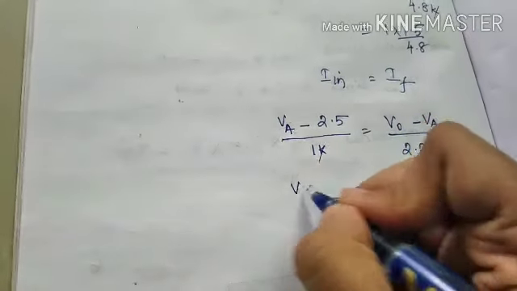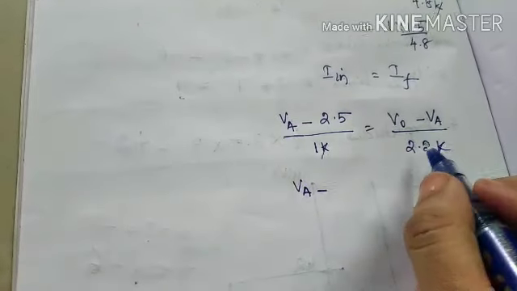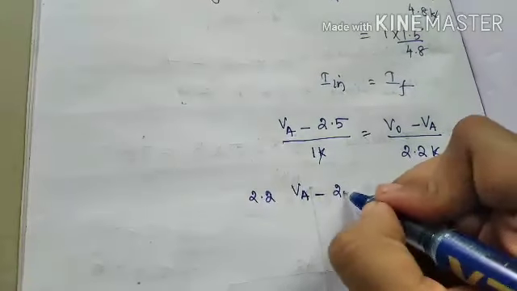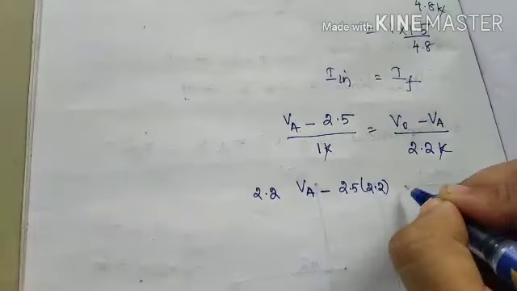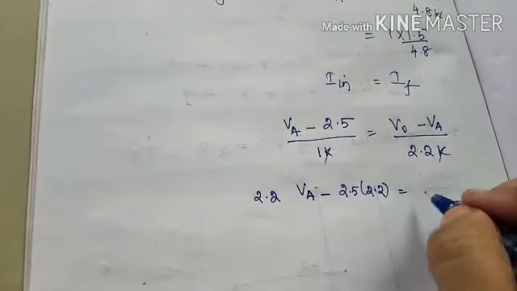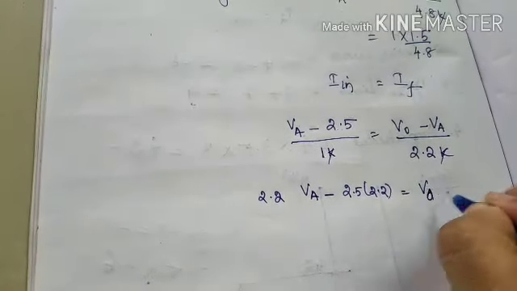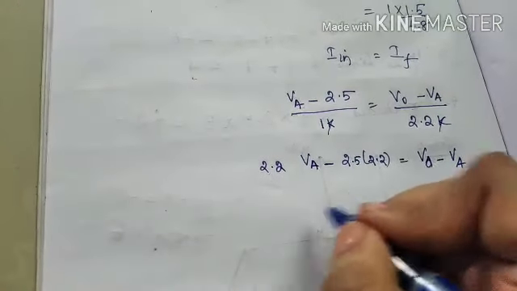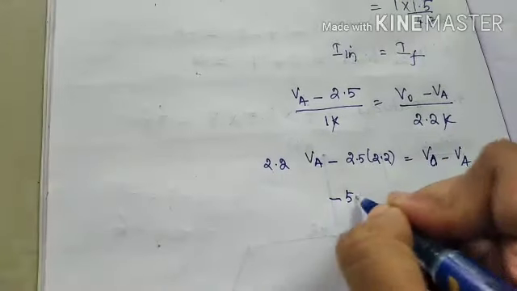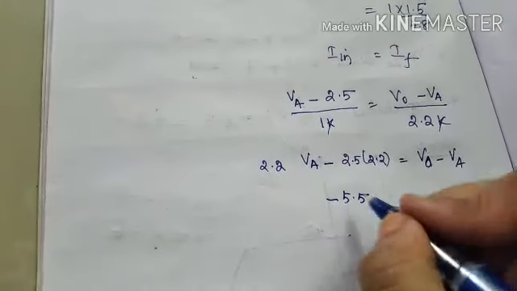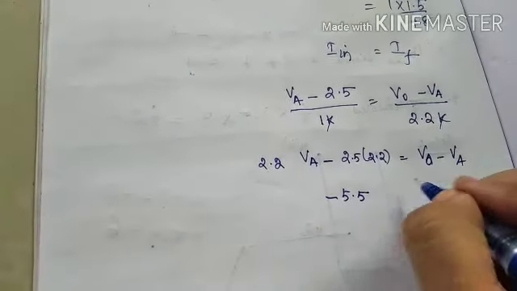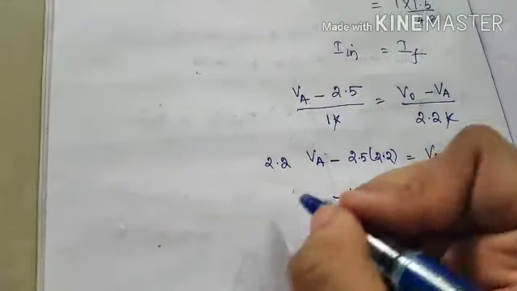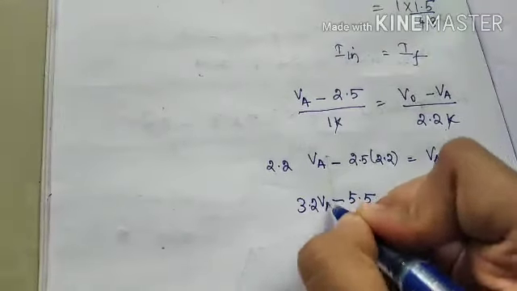Cross multiplying the 2.2 to this side, 2.2 into VA minus 2.5 into 2.2 is equal to V0 minus VA. 2.5 into 2.2 is 5.5. Taking minus VA over to this side, it becomes plus VA. So V0 is equal to 3.2 into VA minus 5.5.